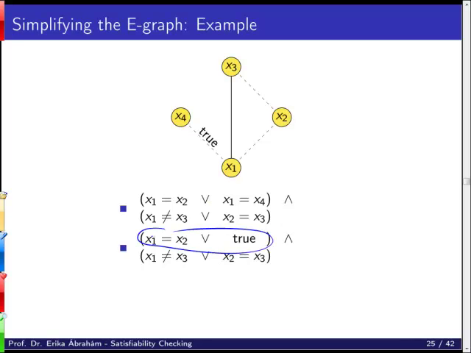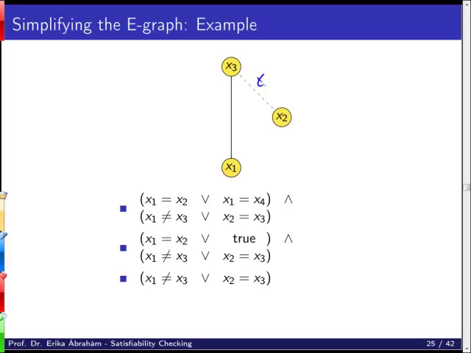So this part becomes true, and I get something simpler. Now I can build an equality graph for this simpler formula, and I can reduce it again. What can I do? I have one which is an equality, so I assign true to it. I have this other equality, and I assign false to it. I put these values into my formula.